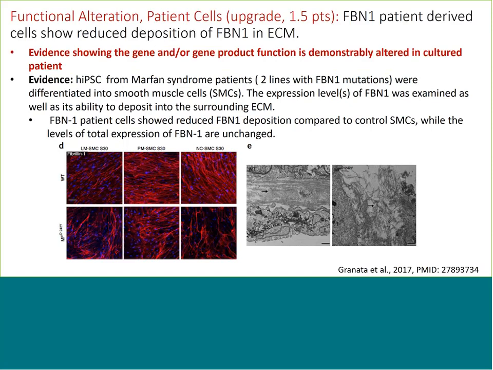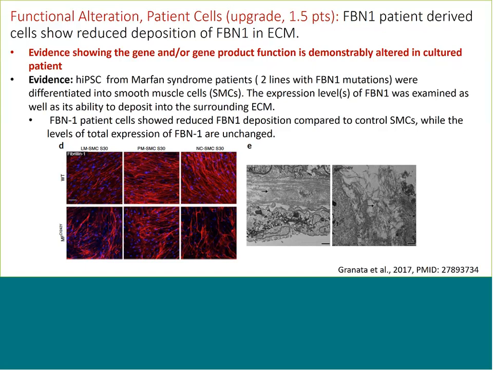So the first one is fibrillin. I think this was your example, Courtney? Yes, that's correct. So I was curating fibrillin for Marfan syndrome. And part of the phenotypic spectrum of Marfan syndrome is the thoracic aortic aneurysm and dissection. And so this is going to be evidence showing the gene or gene product function is demonstrably altered in cultured patient cells.